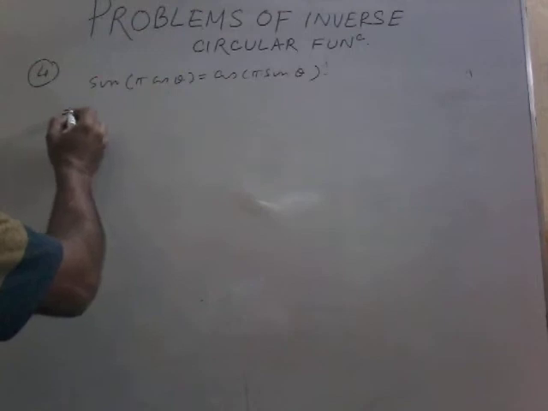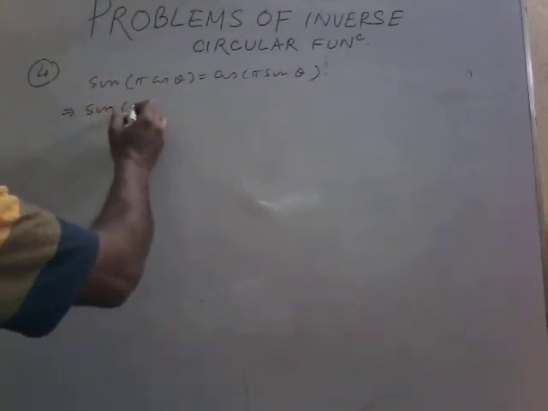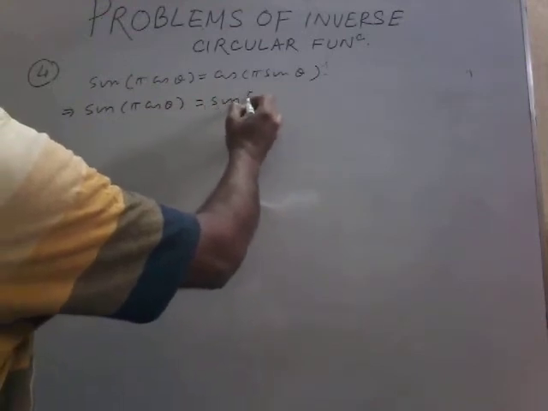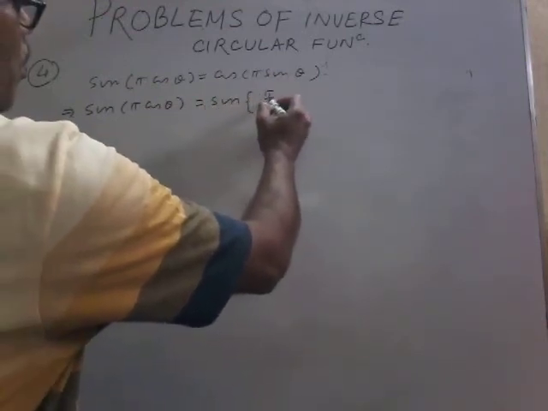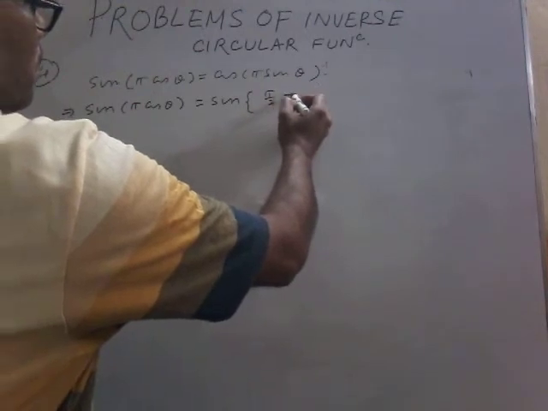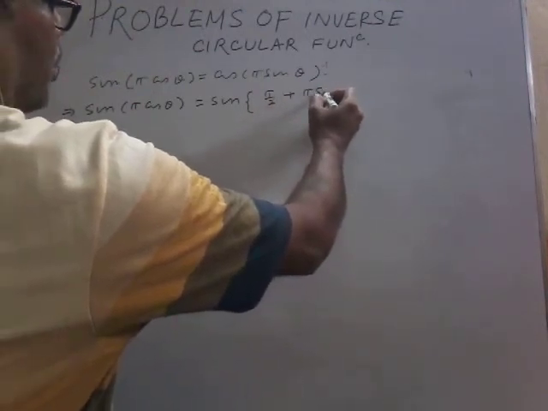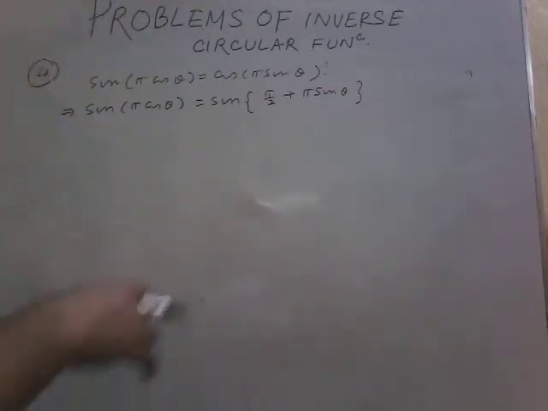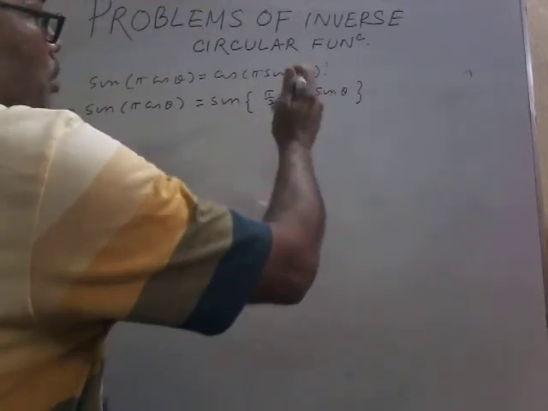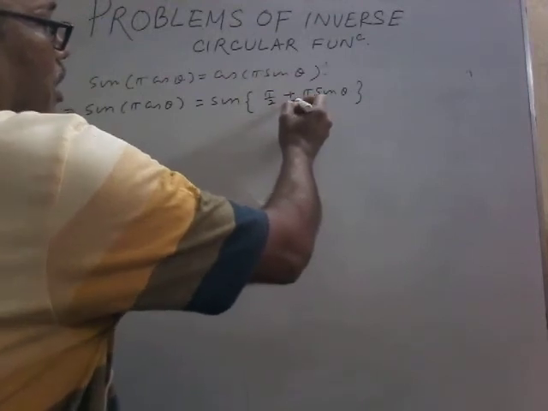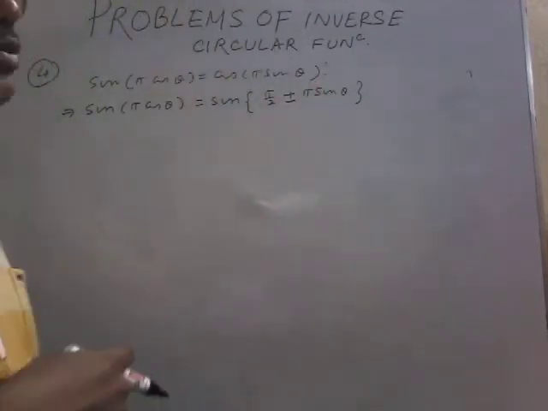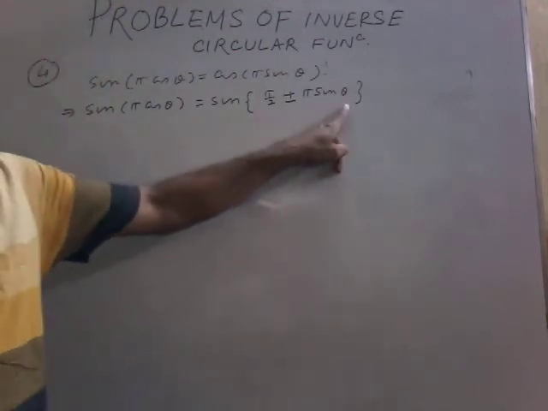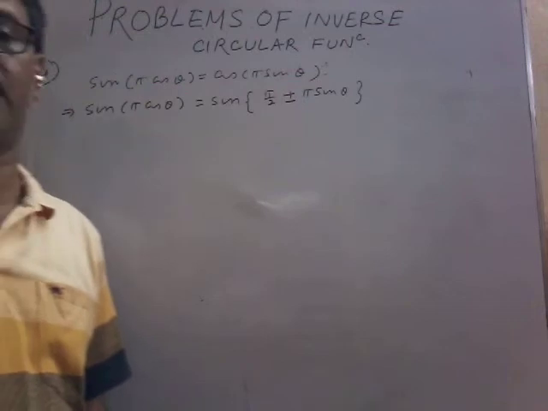Right, this is sin(pi cos theta) as it is. It will be in terms of sine. So pi by 2 plus pi sin theta. This is cos theta, because in the second quadrant sine is positive. If you take this one as minus, then it is also this. Look, sin(90 plus theta) or (90 minus theta).